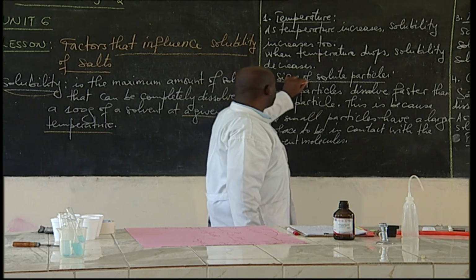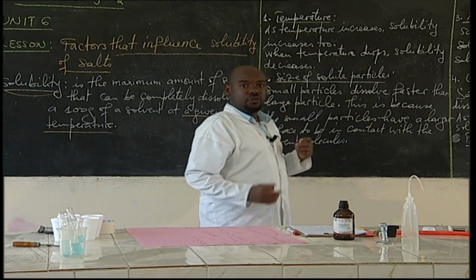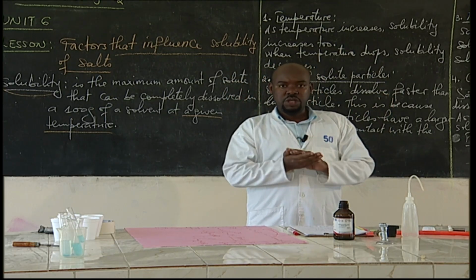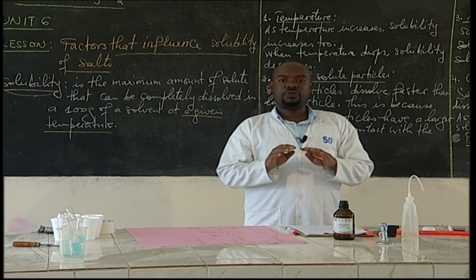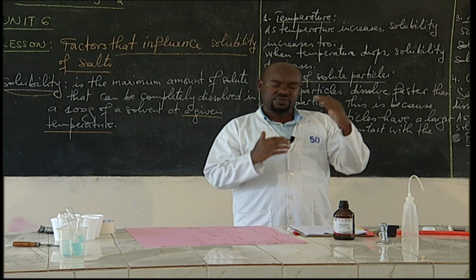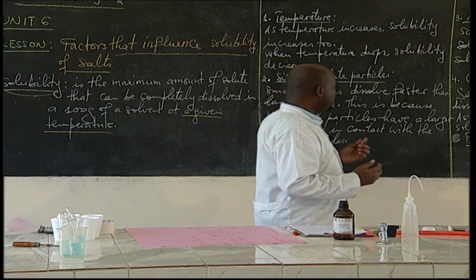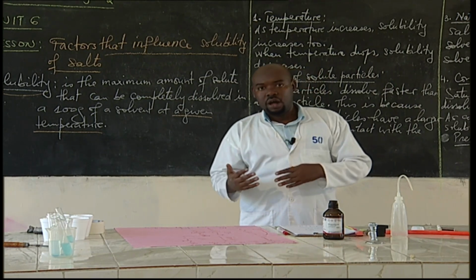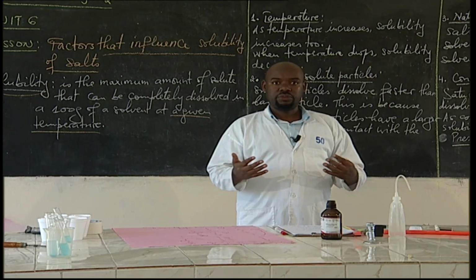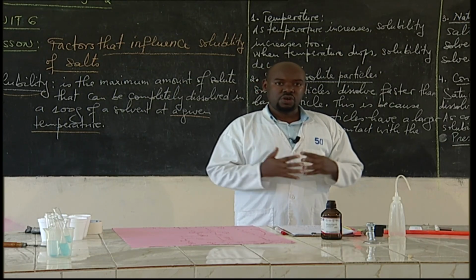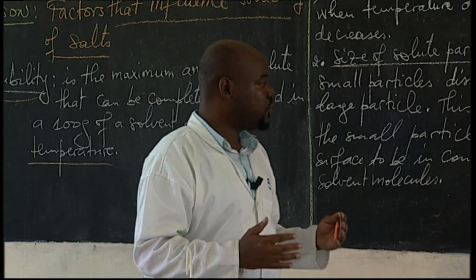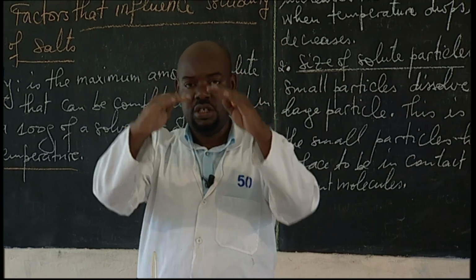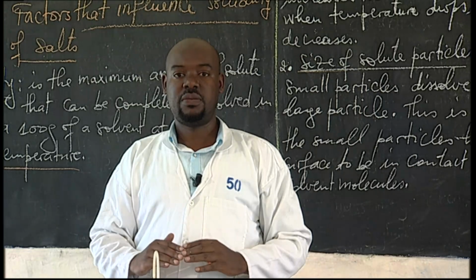And what happens to the size of the particles of the solute? For a big particle, the solubility is slow, but for a small particle, the solubility is fast. Nature of solvent: organic solvents will never dissolve ionic compounds, the salts, but inorganic solvents do dissolve salts. And the concentration, we said that as concentration increases, the solubility decreases.